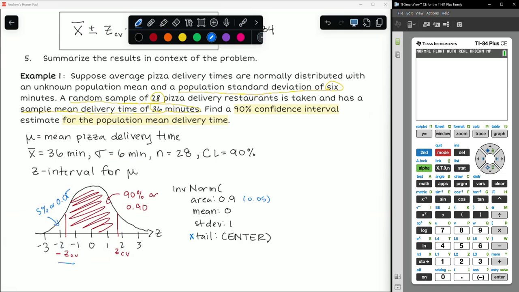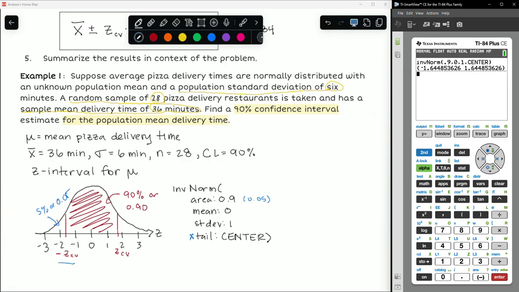So let's go ahead and try that on our calculator. Second vars, inverse norm, 0.9, 0, 1, and center, and then we go paste and run it. And you'll notice it gives us two values, negative and positive, but they're the same.